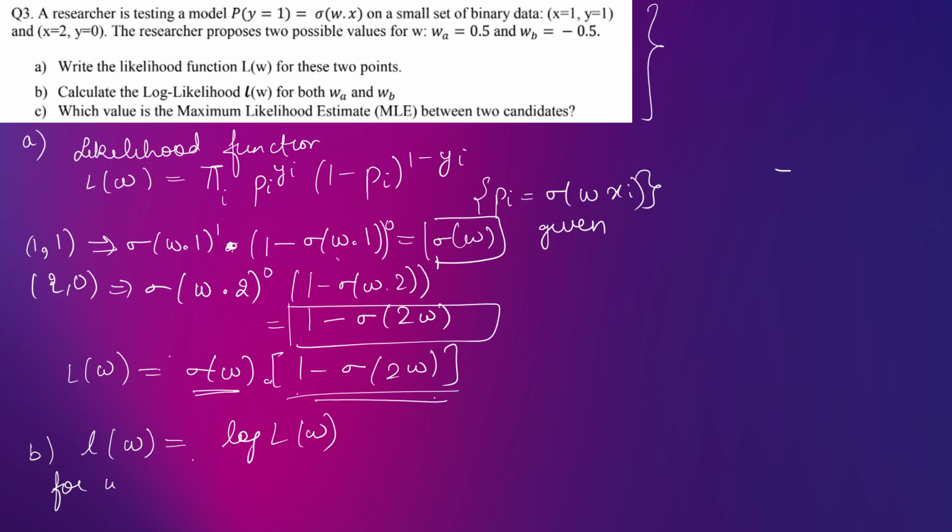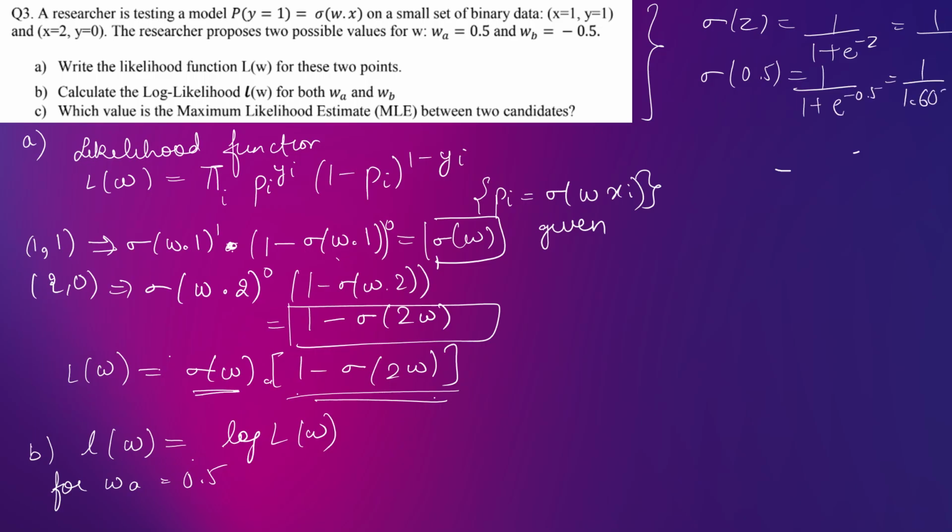For WA is equal to 0.5, we all know the formula of sigma z, right? 1 upon 1 plus e to the power minus z. Now when we calculate sigma of 0.5, we get 1 upon 1 plus e raised to the minus 0.5, 1 upon 1.607, you get it as 0.622.